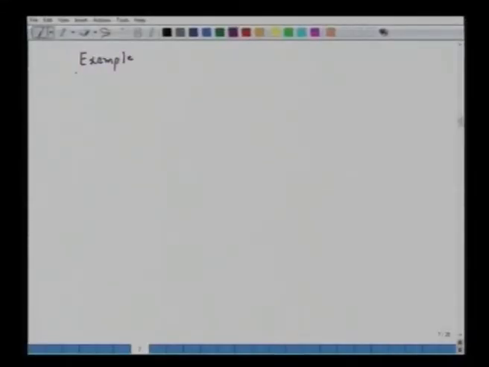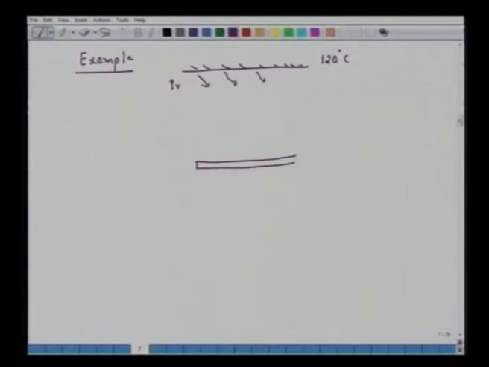So in this example, let's say we have this solid surface at 120 degrees centigrade. It's radiating, it's a very high temperature, and there is a heat radiation QR. We have a tray here. Let's say this thickness is 0.8 millimeter.